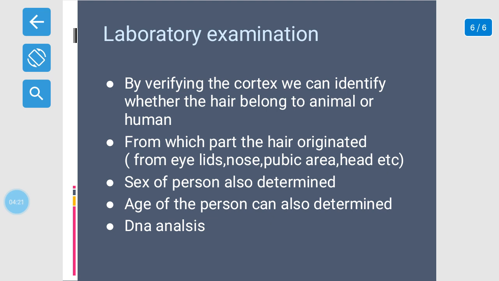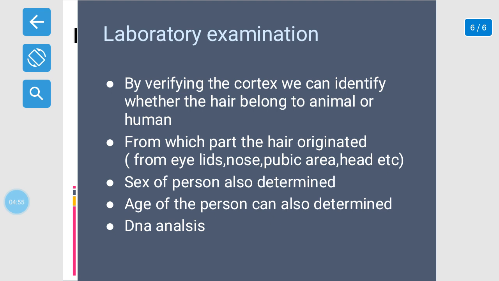The hair collected from the scene may belong to the person suspected of the crime, or it may belong to a witness at the crime scene. The hairs collected are sent to the laboratory, and there the forensic experts examine the hair thoroughly.